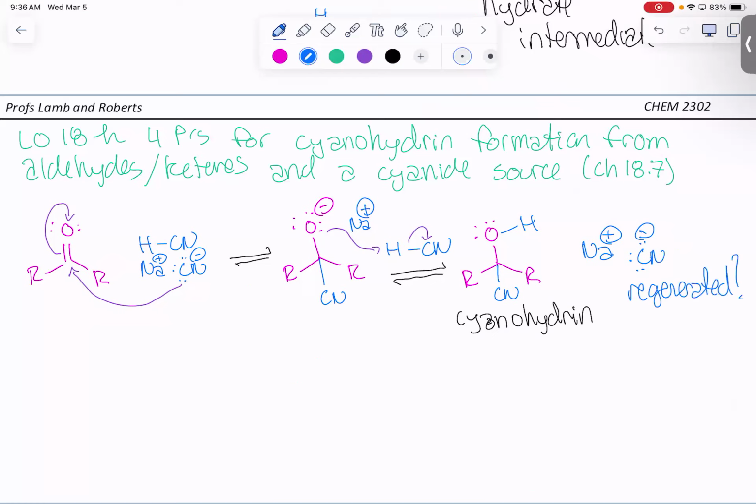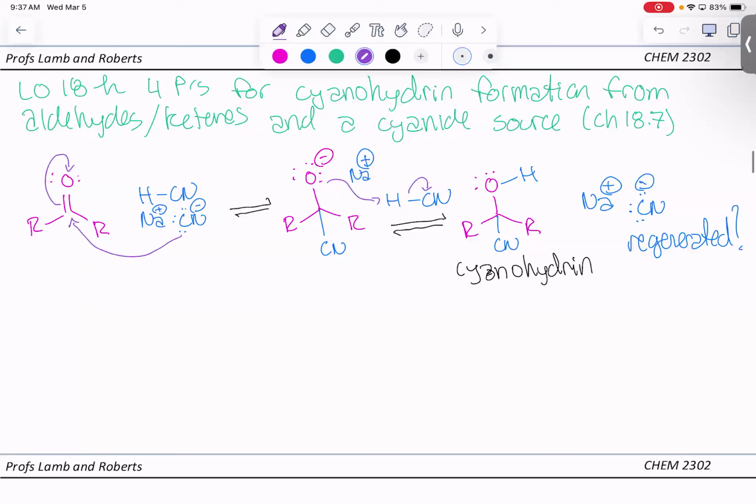All right, so this is very, very similar, you'll notice, to the acetal formation under basic conditions. But instead of a carbon-oxygen bond, we've just made a carbon-carbon bond. So as far as our 2 P's go, for our starting materials and products, I have here for you that we need a CN minus source.